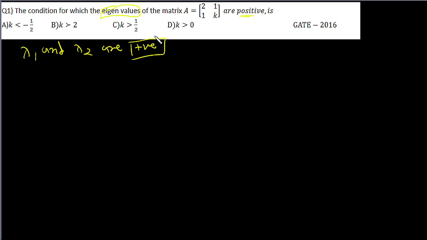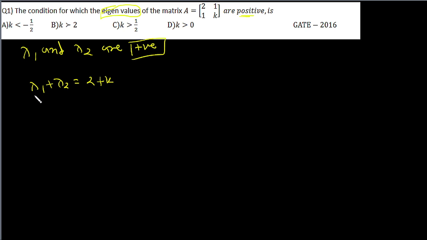Now we use the properties of eigenvalues: the sum of these two is the trace of the matrix, and the product of these two is the determinant of the matrix. So lambda 1 plus lambda 2 equals the trace, which is 2 plus k.